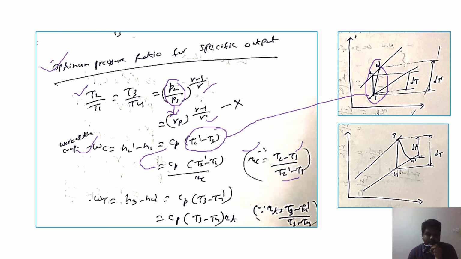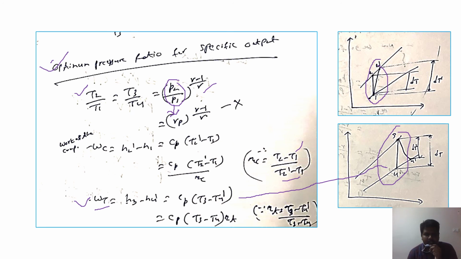Same way, to find the actual work done by the turbine from the TS diagram, we can write it as H3 minus H4 dash equals to Cp into T3 minus T4 dash.